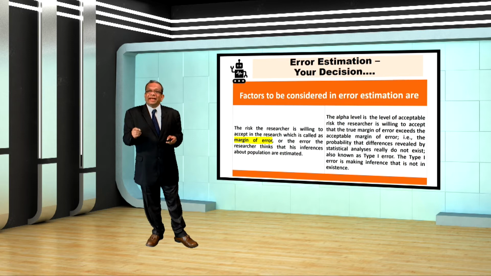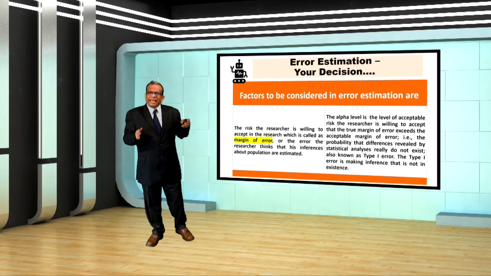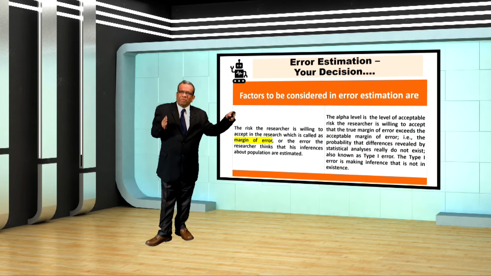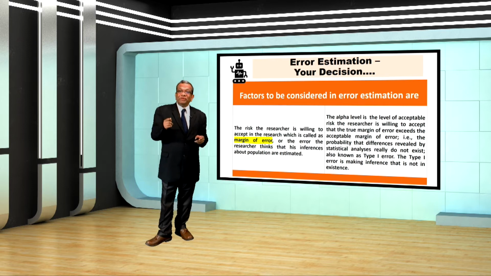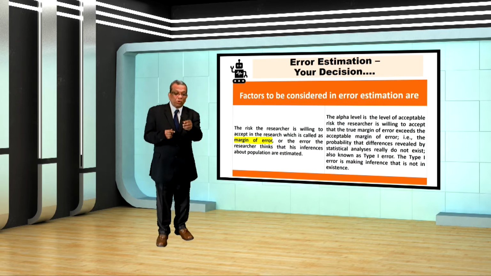The type 1 error is making an inference that is not in existence. Carefully understand the difference between margin of error and the alpha level, for both require your thinking. What is margin of error? We will discuss a little more in the next slide.